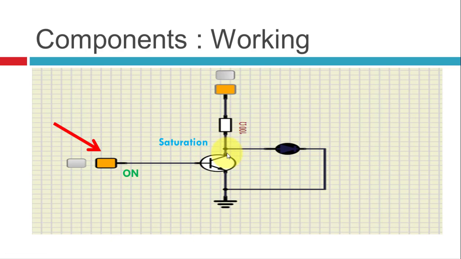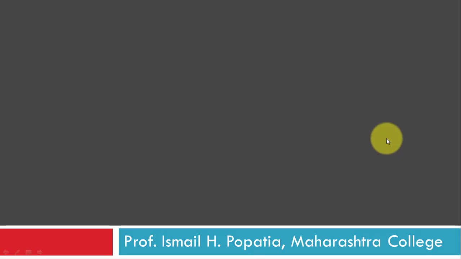When the switch is closed, all the current flows through it and nothing flows through the light emitting diode, so it is off. So this is how the transistor will either go into cutoff or into saturation, so it can actually work as a switch. A transistor working as a switch can be turned on and off millions of times in a second. So this is how the transistor works as a switch.